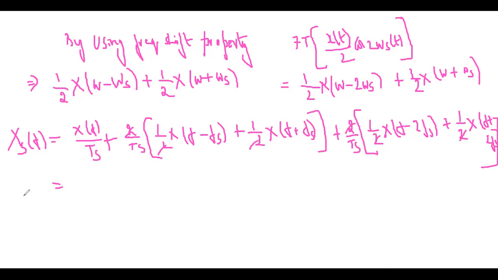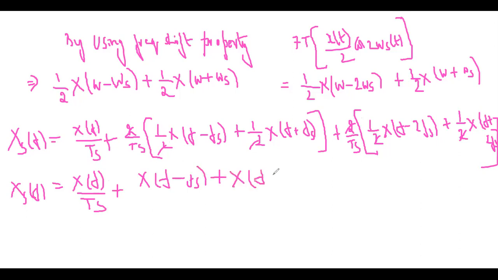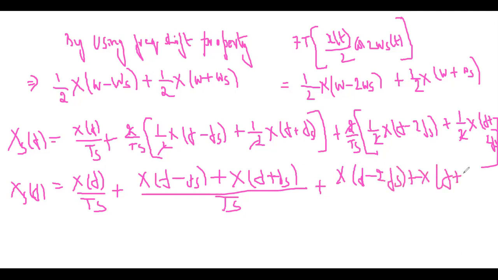The remaining terms: Xs of f is equal to x of f by ts plus x of f minus fs plus x of f plus fs by ts plus x of f minus 2fs plus x of f plus 2fs by ts plus so on.